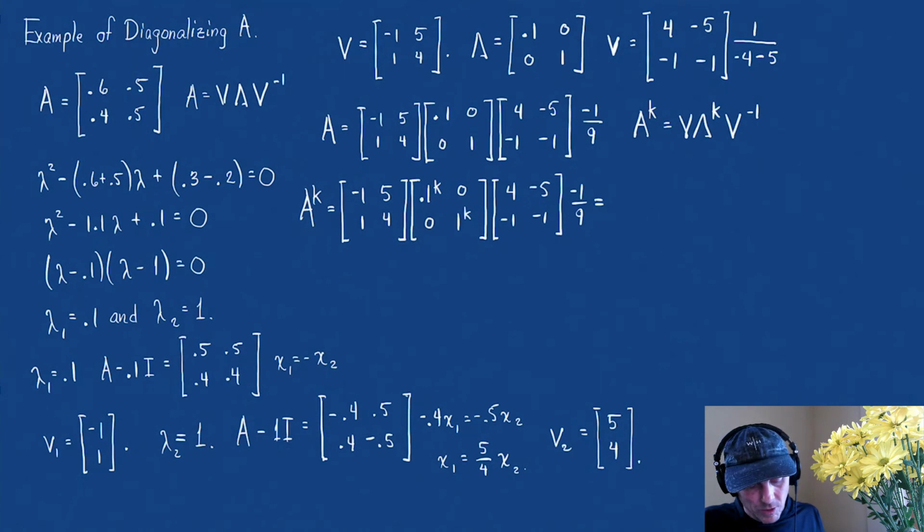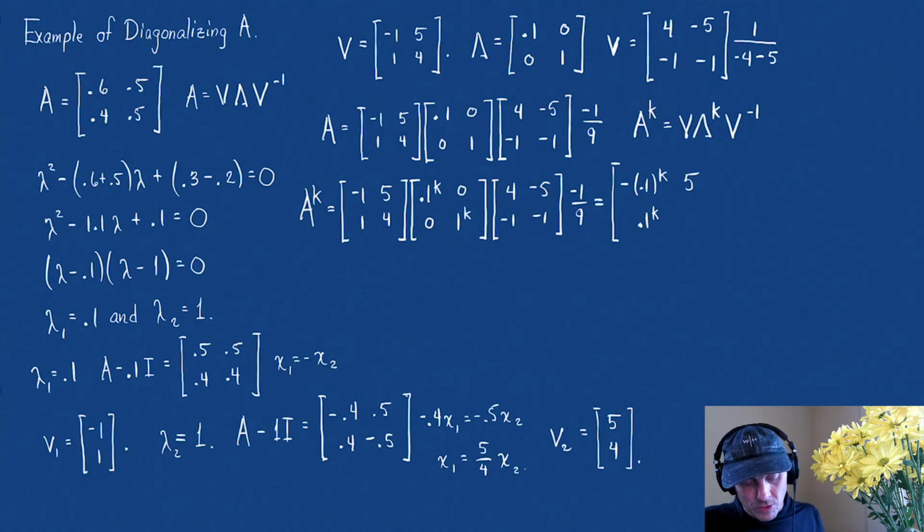So I have -1 times 0.1^k. So that's going to be -0.1^k plus 0. Okay, then we're going to go row 2, column 1. Well, that's going to be 0.1^k plus 0. And now we're going to go row 1, column 2. Well, that's going to be 0 plus 5 times 1 to the k, but 1 to the k is 1, so that's just plus 5.